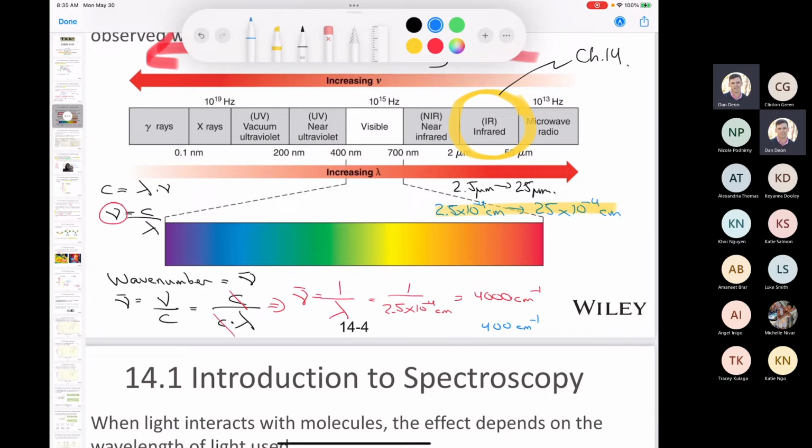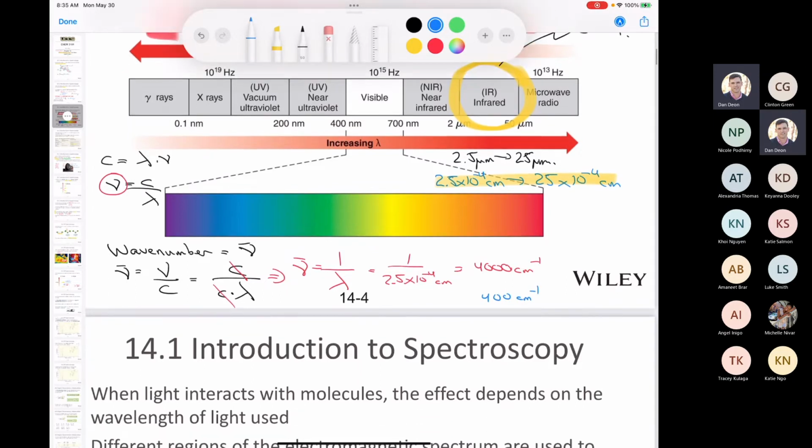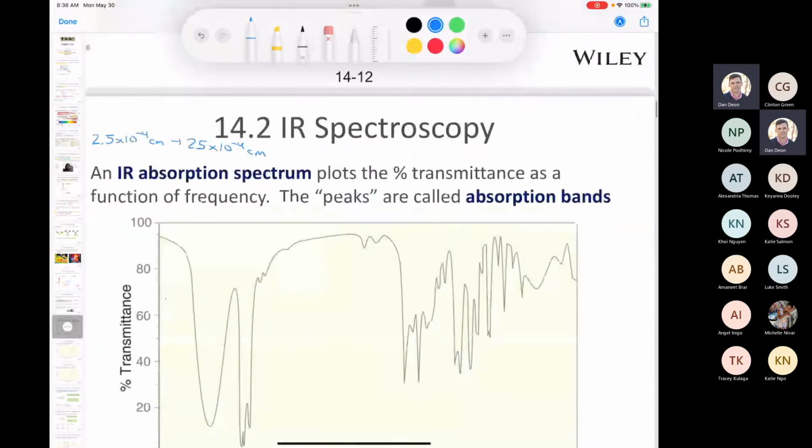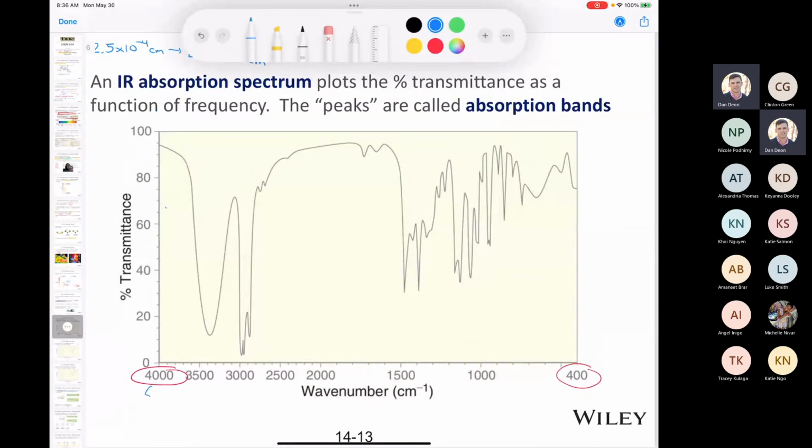So what do we see? We see the shorter wavelength, higher frequency, higher energy is going to be at the far left of the spectrum. So let's go back here. So this is higher wave number, higher frequency, higher energy, right? This is also shorter wavelength, which we saw for 4,000 was 2.5 times 10 to the negative 4 centimeters.